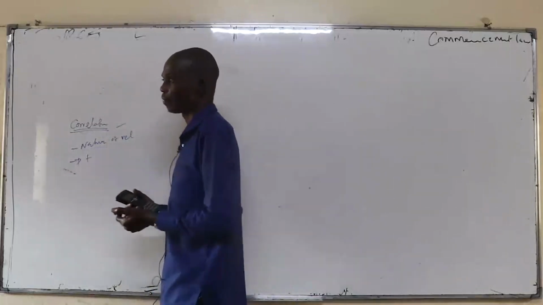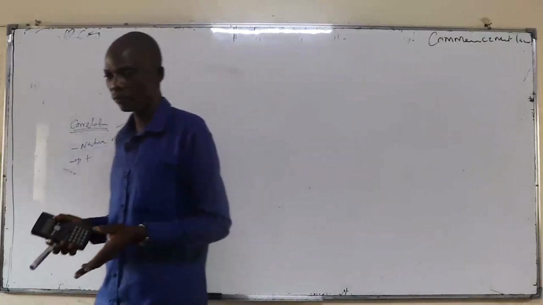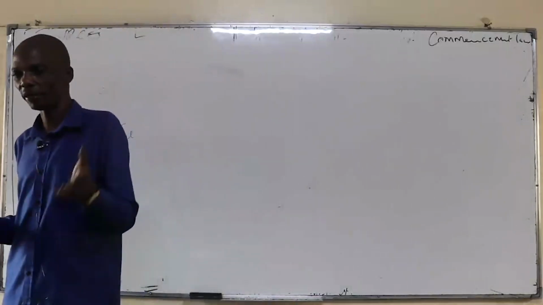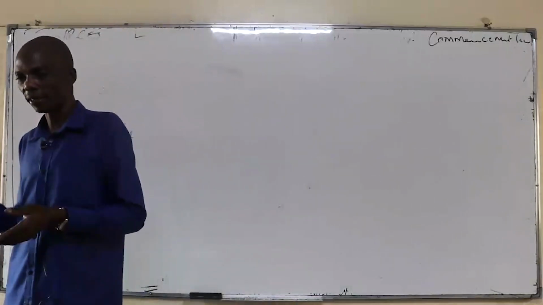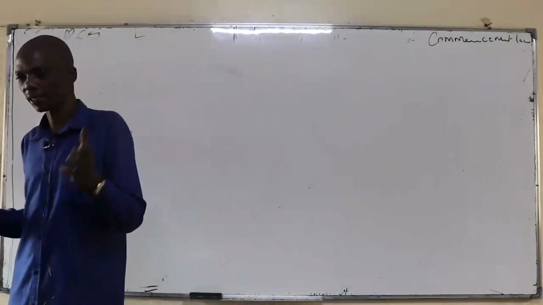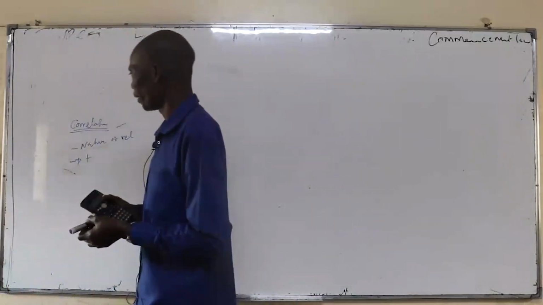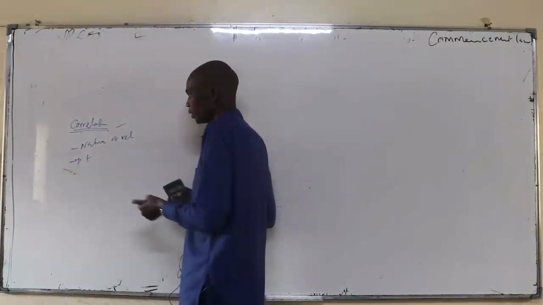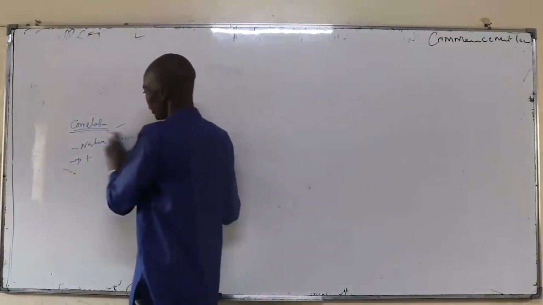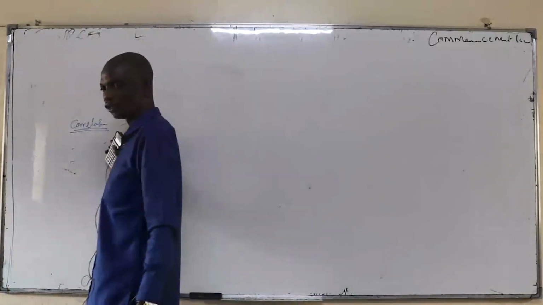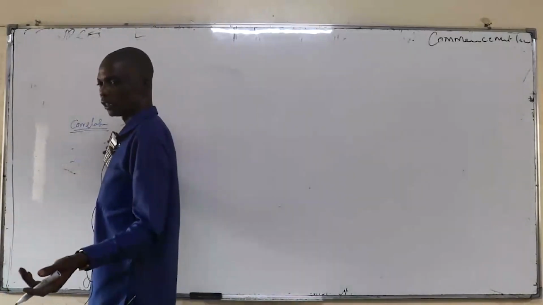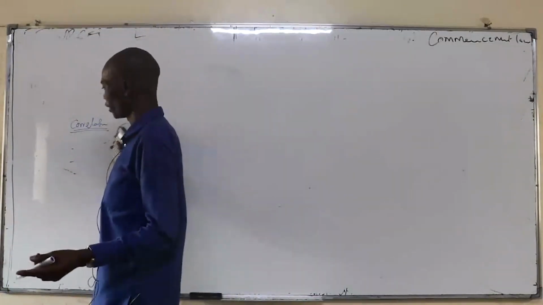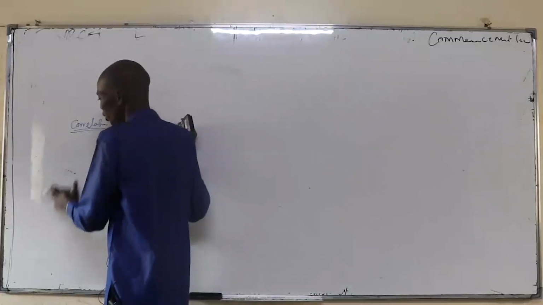If you are a farmer and you apply enough fertilizer, that may lead to high yield. So they are moving in the same direction, and we say that they are positively correlated. So correlation will tell us the nature of the relationship, is it negative or positive, and also the extent of the relationship. Is it high, is it low, and so forth.